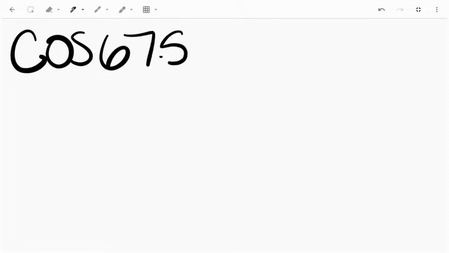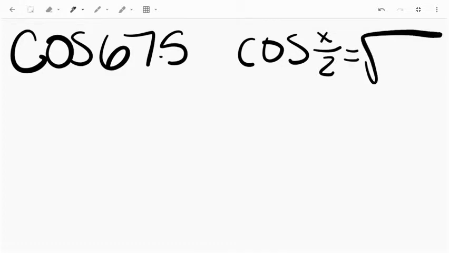Cosine of 67.5. Now to solve this, we are going to plug it into the cosine function, which is cosine of x over 2 equals the square root of (1 plus cosine x) over 2.